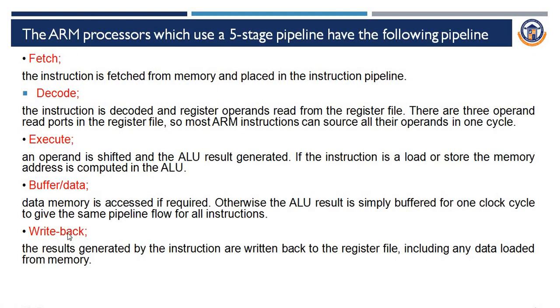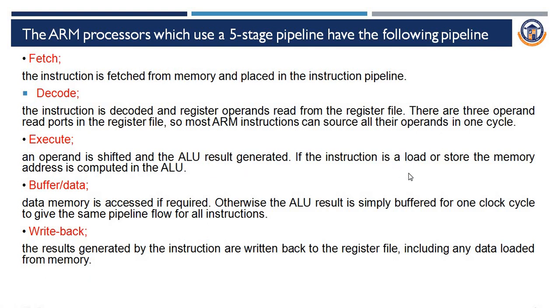The 5 different stages are fetch, decode, execute, buffer and data, and write back. What is fetch? We fetch the instruction from memory and place it in the pipeline. Decode: the instructions are decoded and the register operands are read from the register file. Next, execute: we perform the execution operation by shifting the operand, and the ALU result is generated.